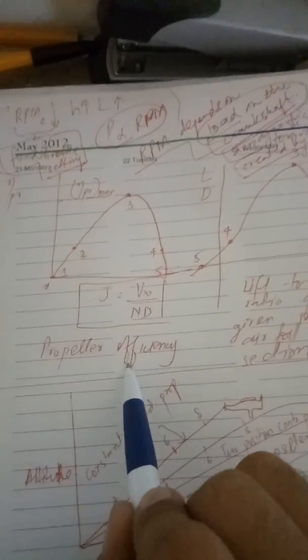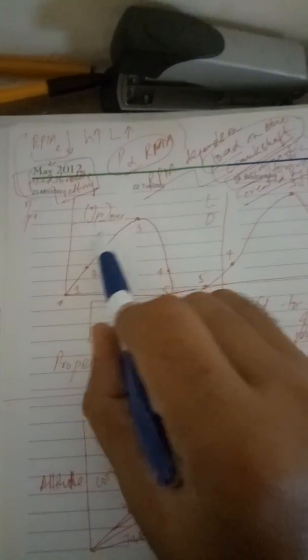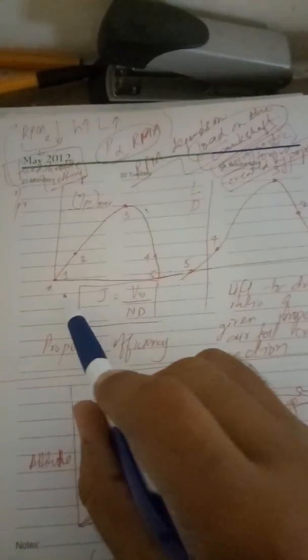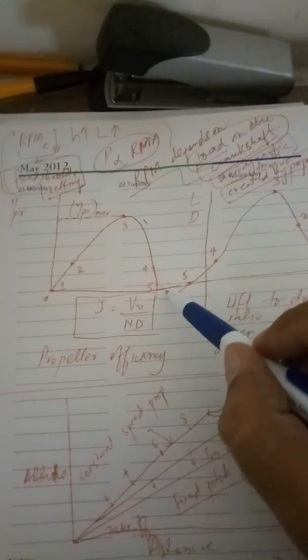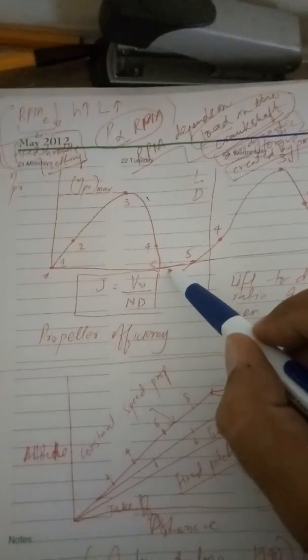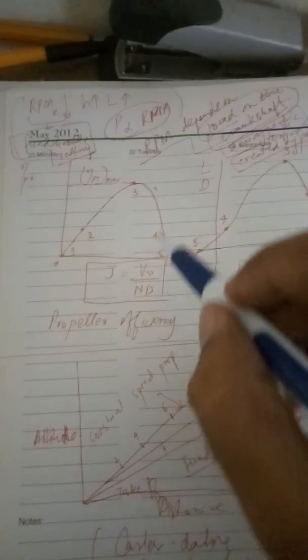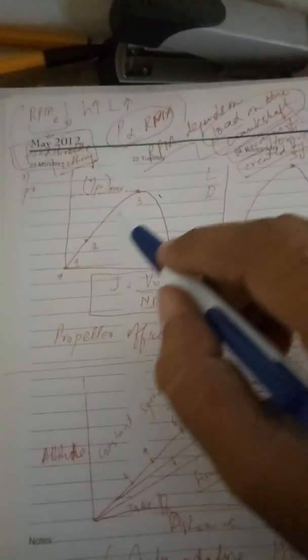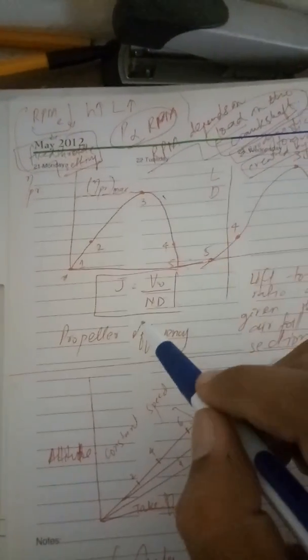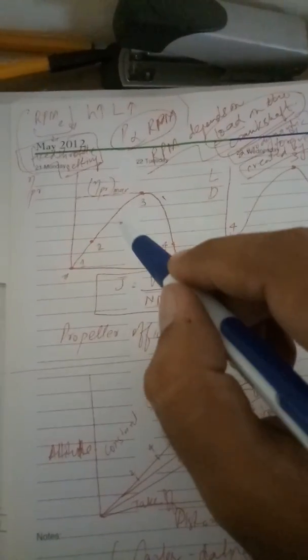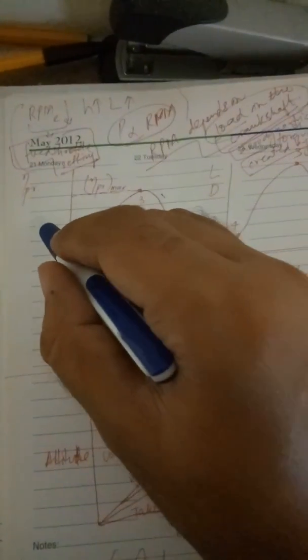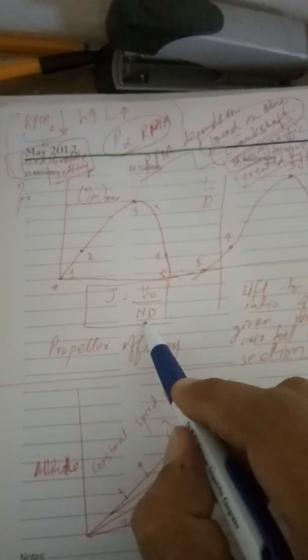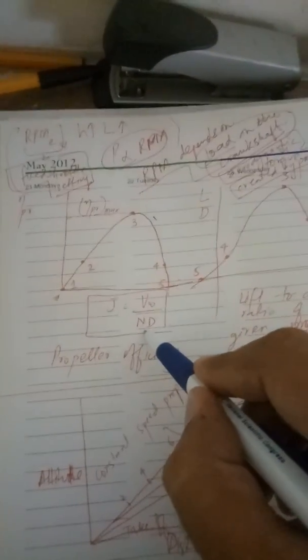When we talk about propeller efficiency, it is maximum at this point, starting from 0, 1, 2, 3, 4 to 5, giving a declining effect. J is equal to this. So the propeller efficiency would normally increase as J increases.